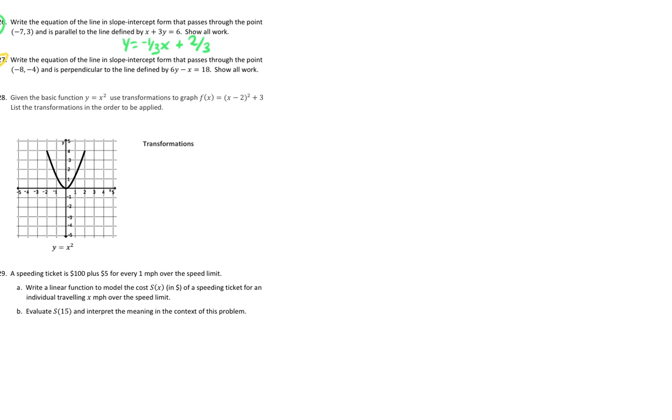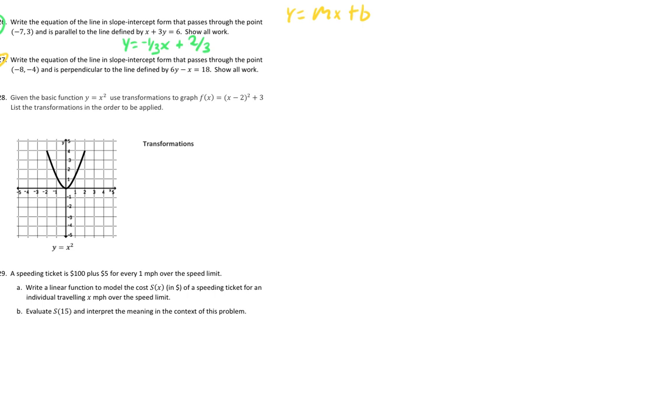27. Write the equation of the line in slope-intercept form that passes through the point negative 8, negative 4, and is perpendicular to the line defined by 6y minus x equals 18. Show all work. So again, we want something that equals mx plus b. The first thing we should go for is the slope.